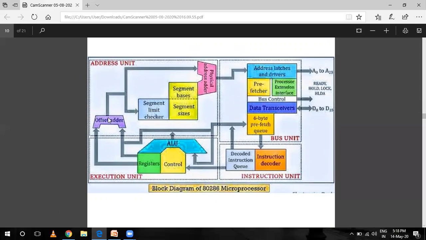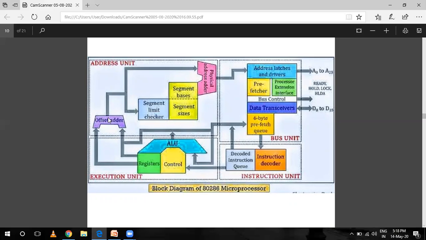It's faster than the previous two microprocessors, and the performance per clock cycle of 80286 is almost twice when compared with 8086 or 8088, and it has a non-multiplexed address and data bus that reduces operational speed.